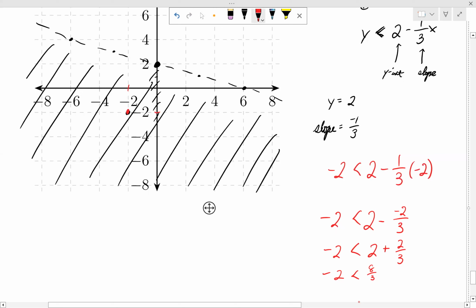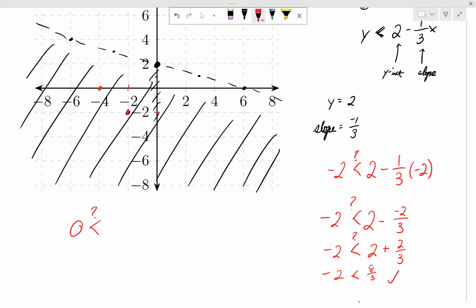And I can test any of these points to see if they hold. Let's say I picked the point -4, 0. So -4 is my x, 0 is my y. Is 0 less than 2 minus 1/3 times -4?